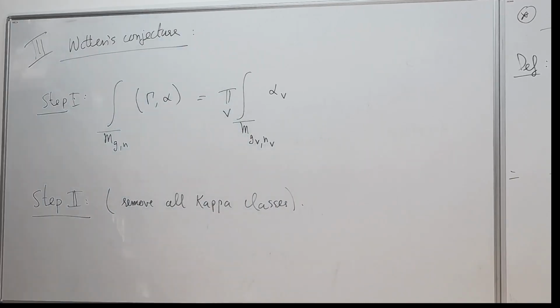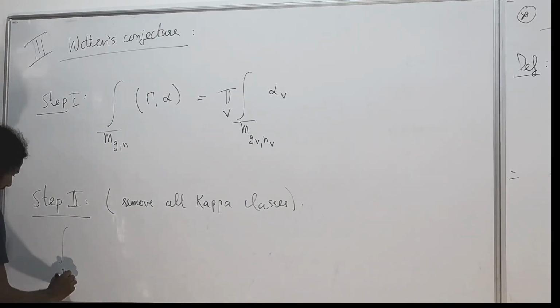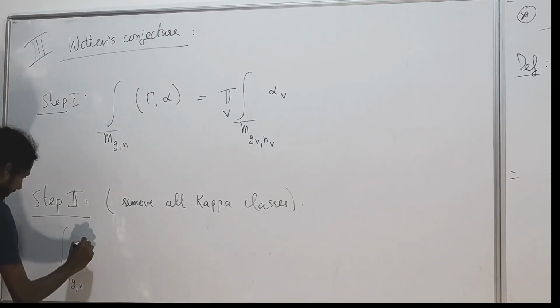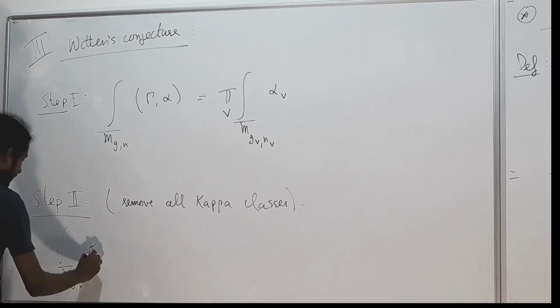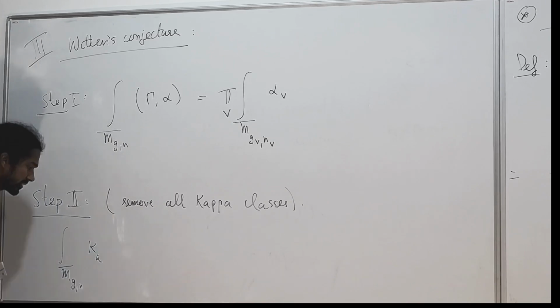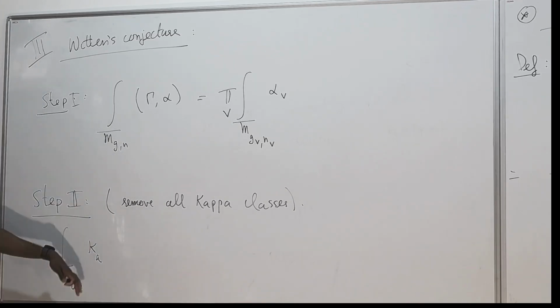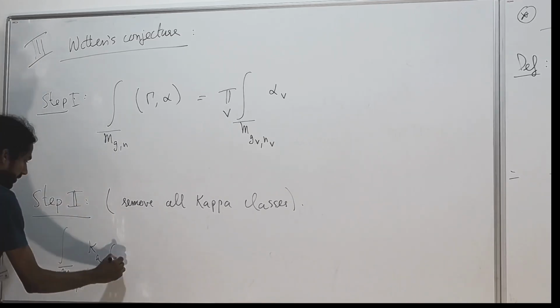And the prescription is the following. Let's say you have some product of kappa and psi classes. Let me call that Q.